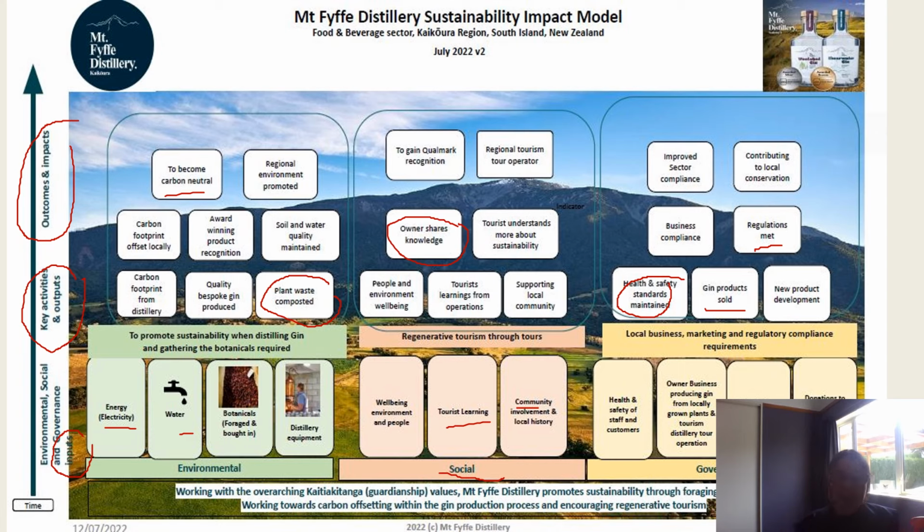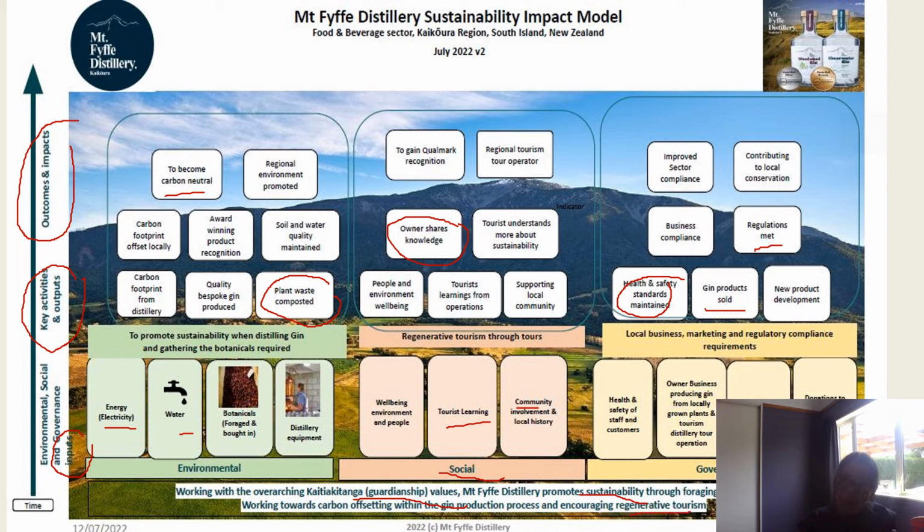It took Justine a while to be able to work out what's really important to include on a model and then be able to know what to measure. And she had to really think about what her values were, guardianship for the environment, promoting sustainability, regenerative tourism.